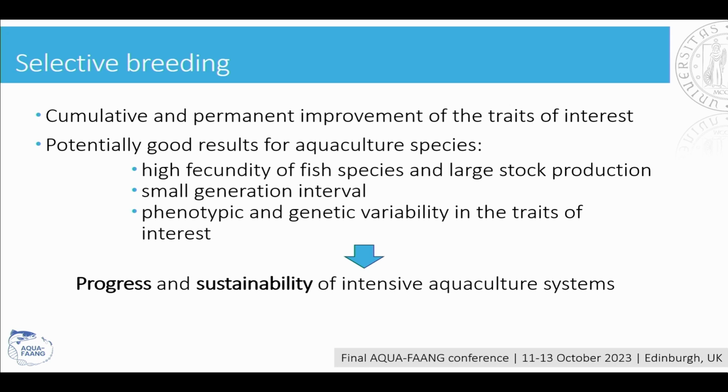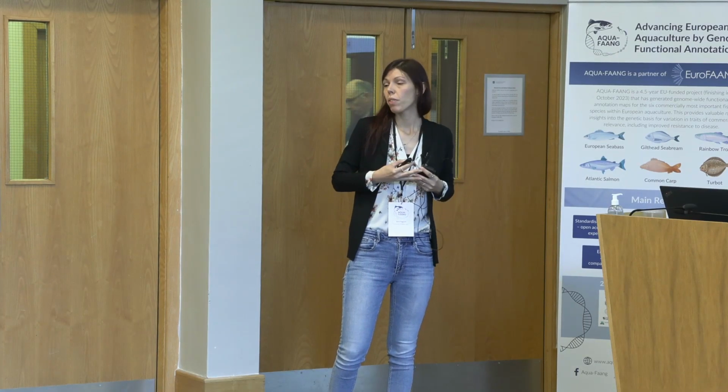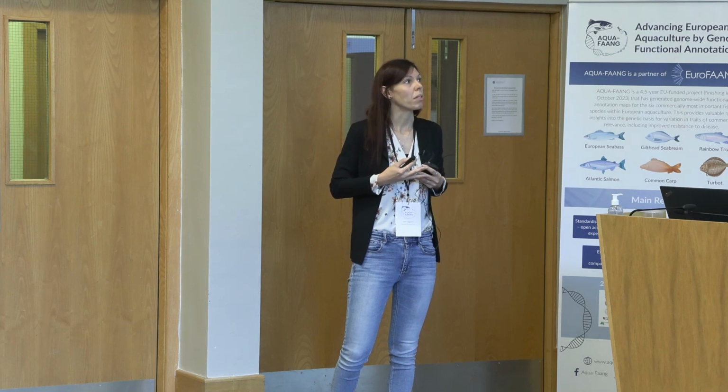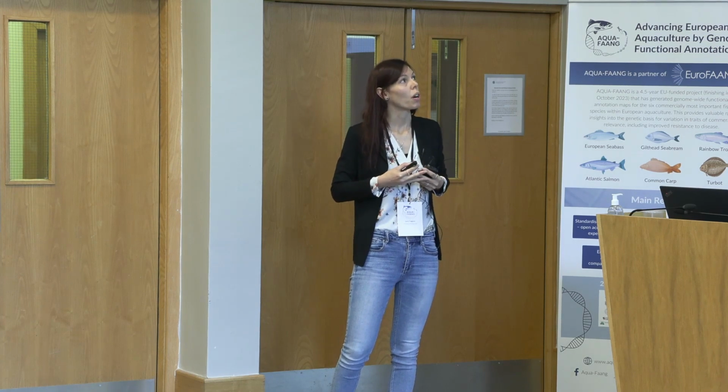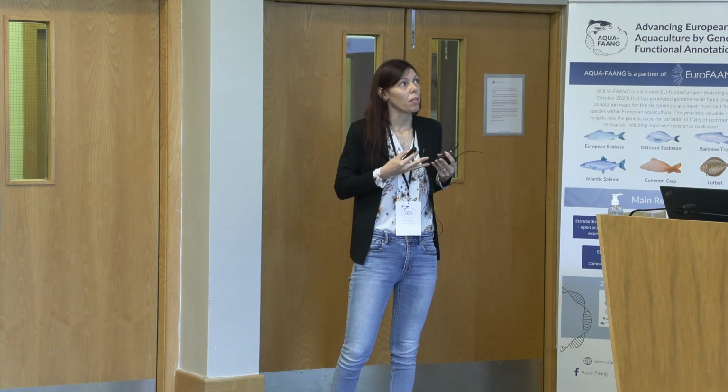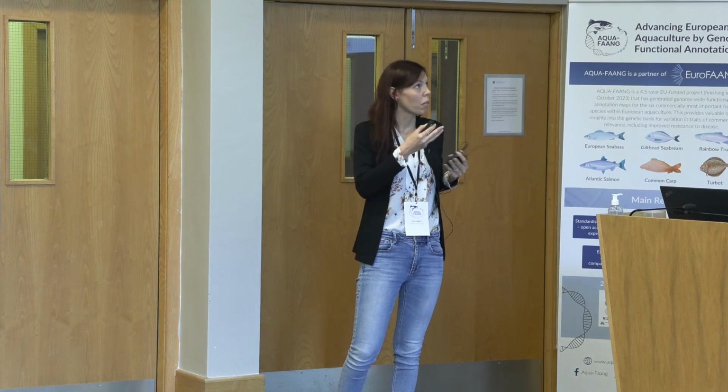We have a small generation interval, and what is really important for breeding is that we have phenotypic and genetic variability in the trait of interest. These are all peculiarities of the aquaculture species that give very good results for selective breeding.